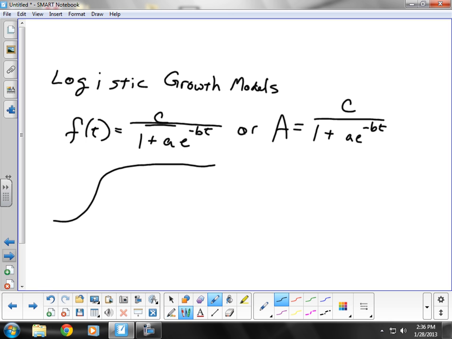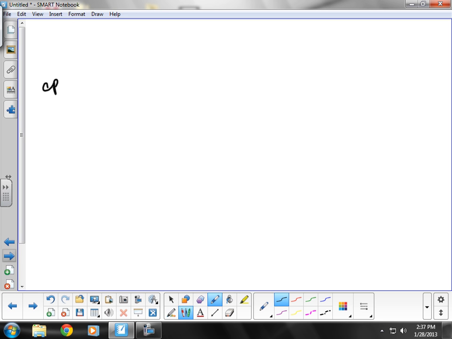The nice thing about this is that when they give you population growth, or talk about this logistic model, you never have to come up with the equation like you do on the exponential growth. They give you the formula and you just plug in the numbers they tell you to plug in. So if you look at checkpoint number 3, you'll see what I'm talking about.